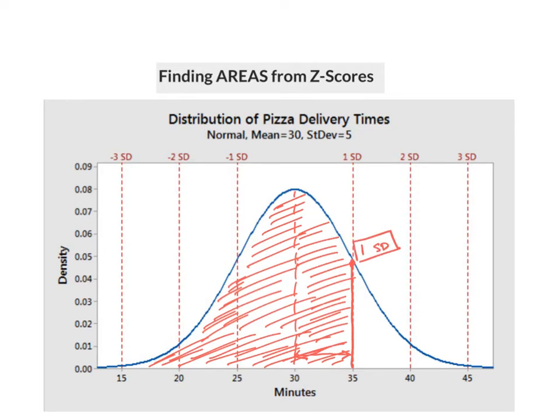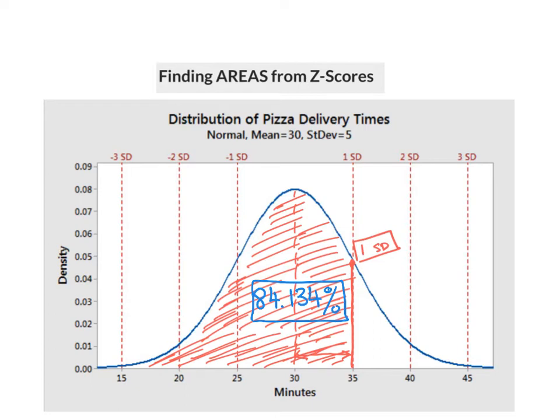So that's what we're going to do right now, one standard deviation, to find out exactly what that area is. For one standard deviation, the shaded bit in red represents 84.134% of the area. The total area of that red region is 84.134%.